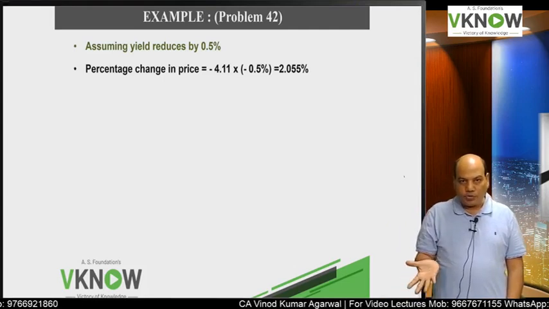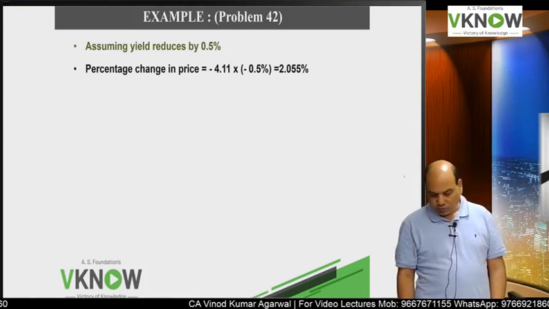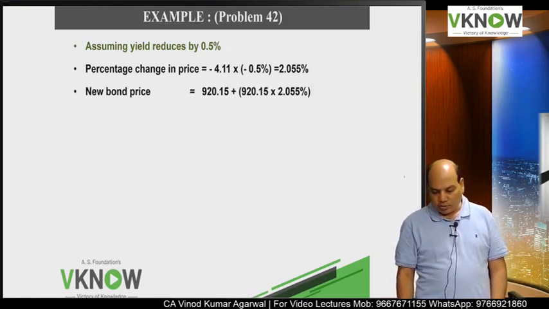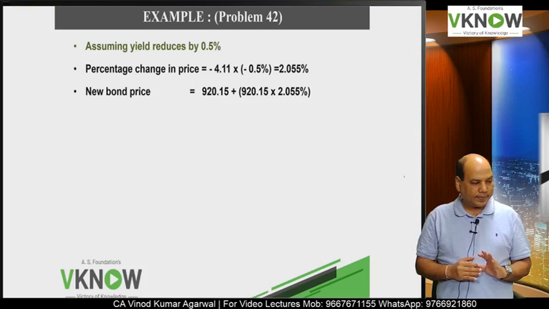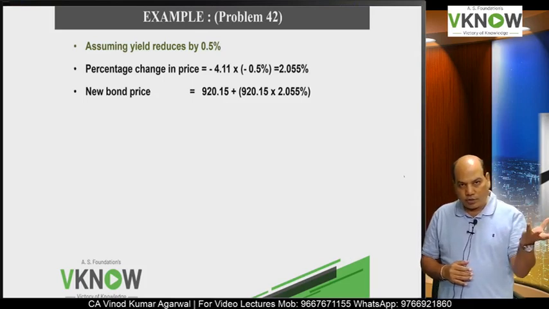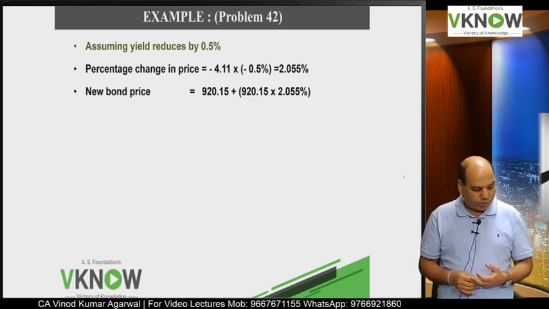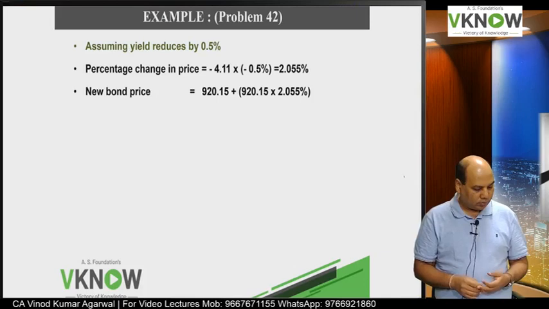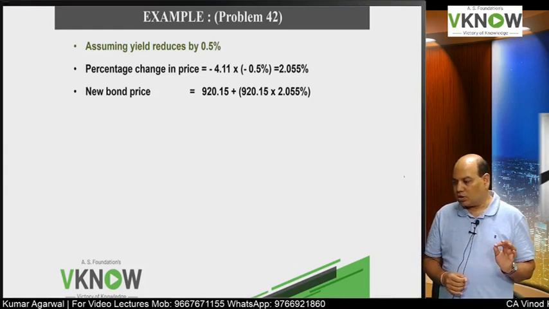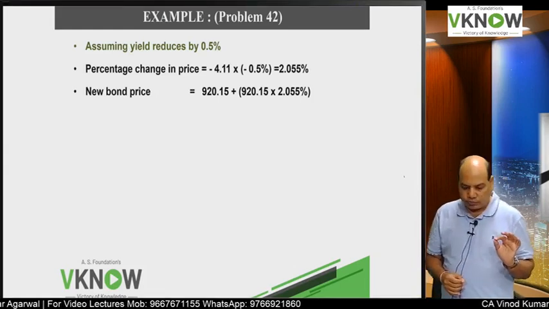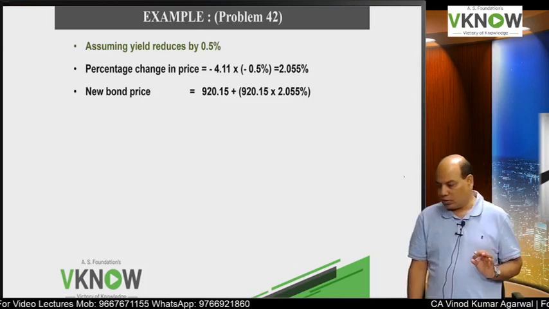So the bond price will increase by 2.055%. So what will be the revised bond price? Take the original price in question 42 plus 2.055%. New bond price is equal to your original answer, which in question number 42 is 920.15, plus 2.055%.